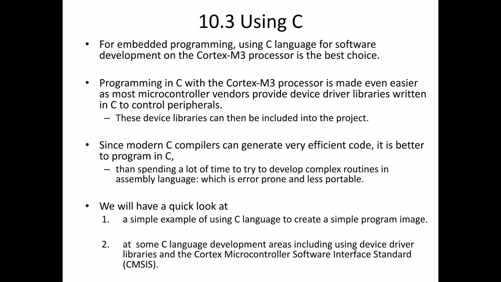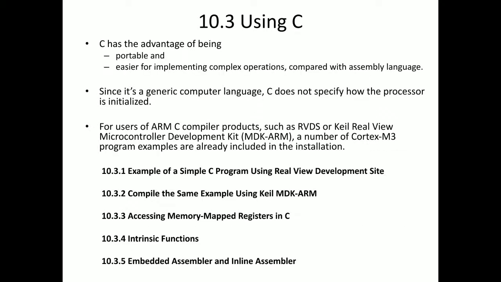We will take an example of blinking an LED, and we shall see how to map the memory also. We all know that C is a portable language. Whatever program you write in Windows can also be executed on other OS platforms.